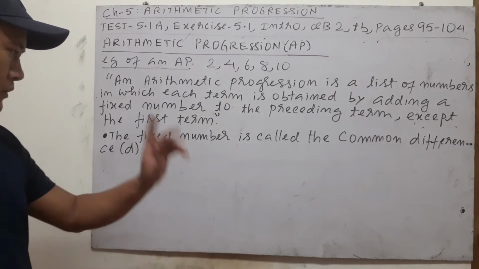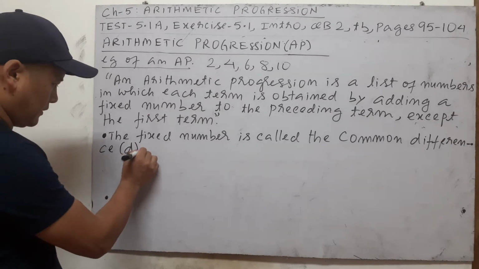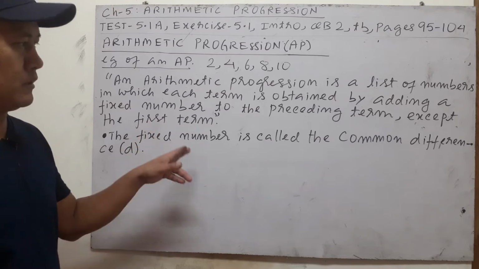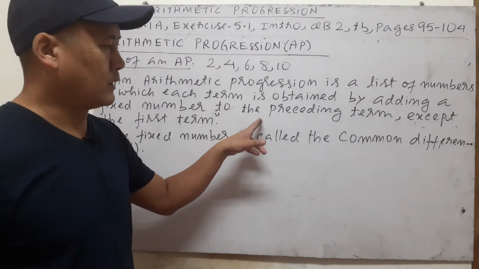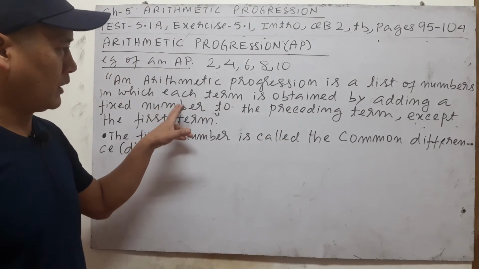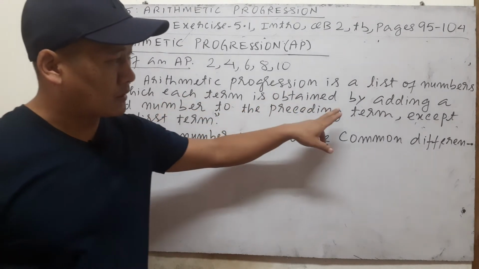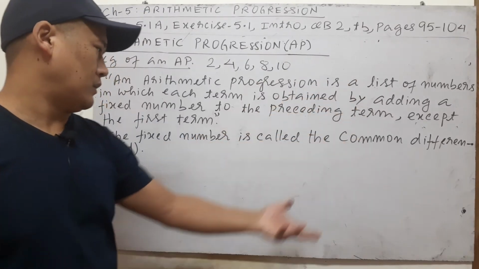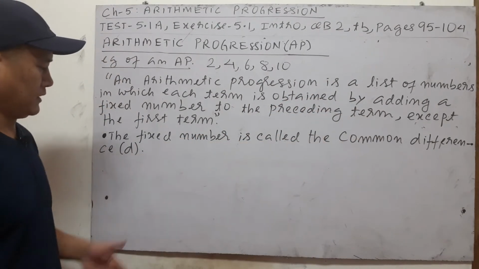So this fixed number that was added to each number to get the next term, each term being obtained by adding the fixed number to the preceding term, is called the common difference.